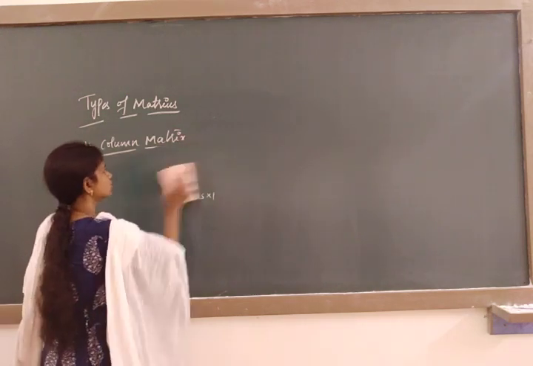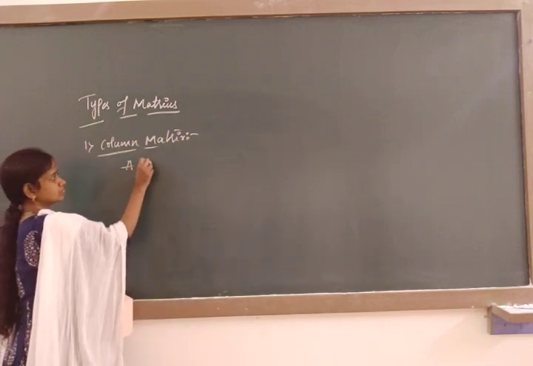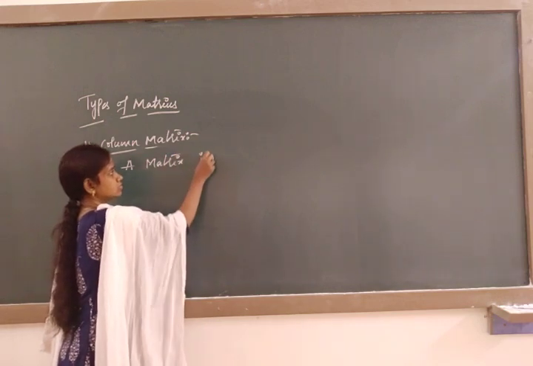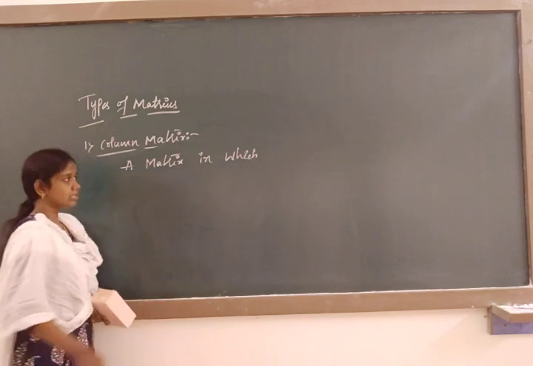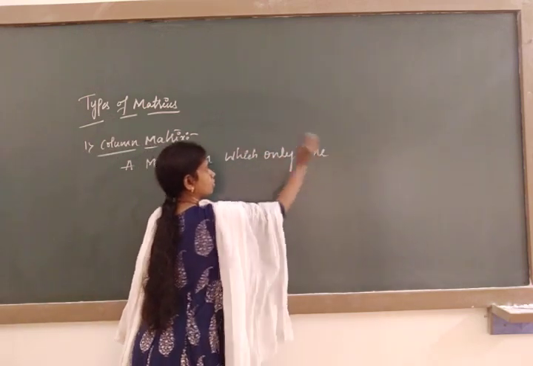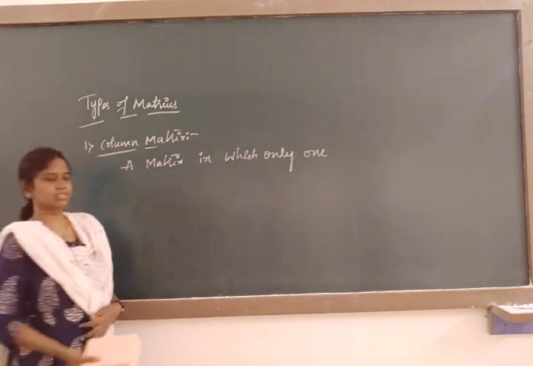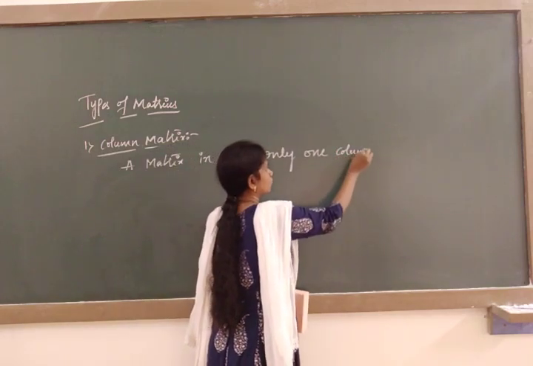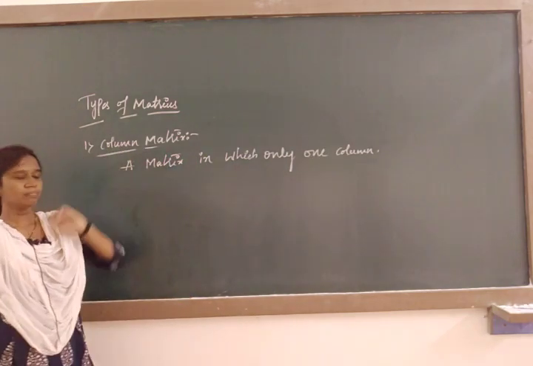Take down the definition. A matrix in which only one column is present is called a column matrix.